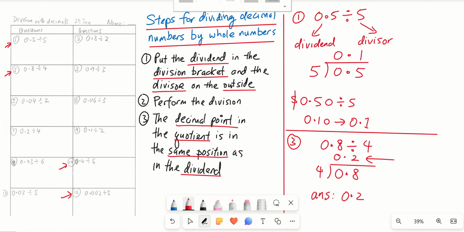All right, let's look at some examples that are a tad more difficult. We have 0.4 divided by 5. That's question 10.